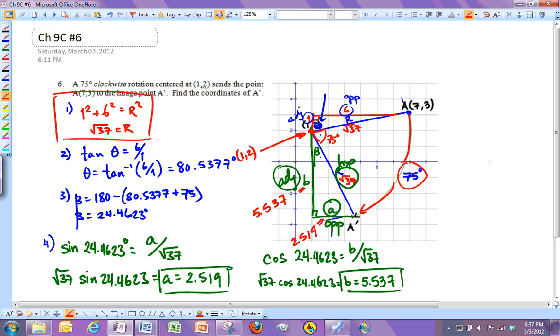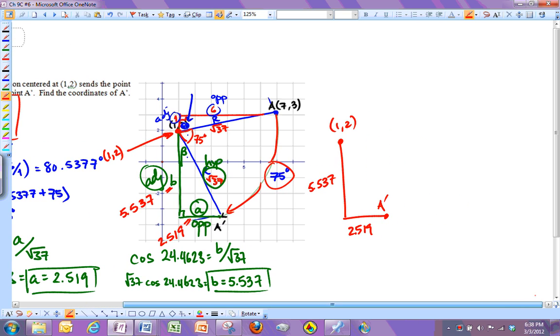So let me just draw that important part right here. Let's say this is the point 1, 2. I'm going to drop down 5.537, and then I'm going to go across 2.519. And the question is, where do we end up at A prime here? Well, when I go up and down this way, the y values change.